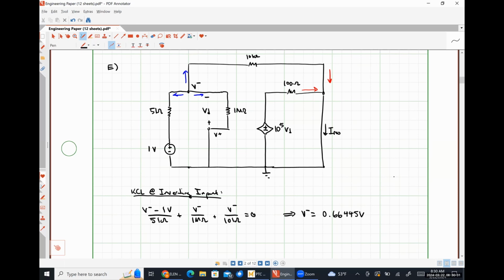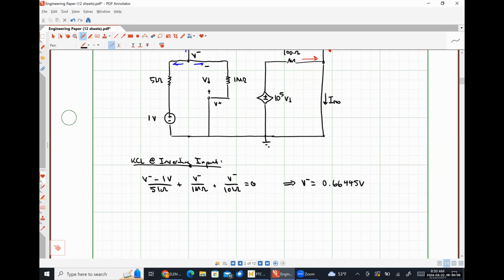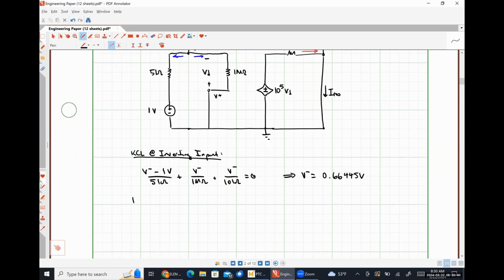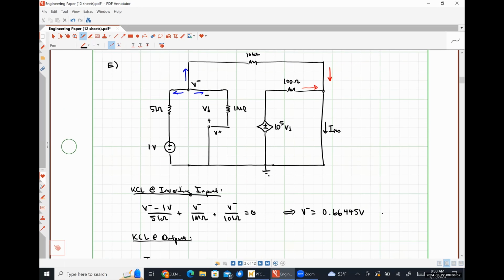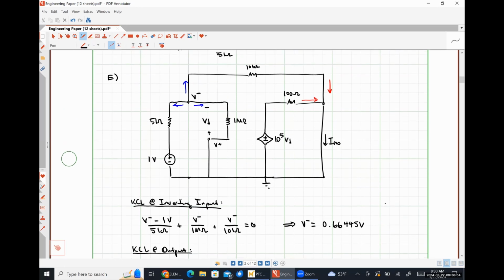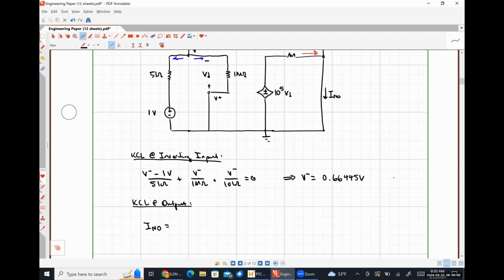Using this piece of information and applying Kirchhoff's current law at our output node, we find that our Norton current is the current flowing in through the 10 kilo ohm resistor. So that's going to be V minus over 10 kilo ohms.